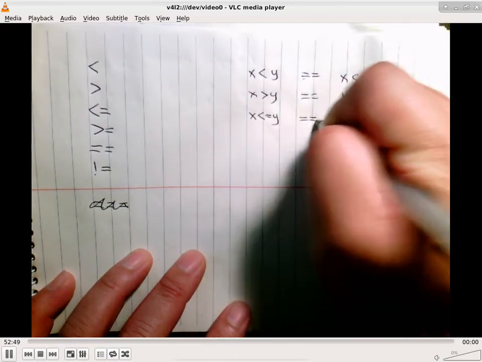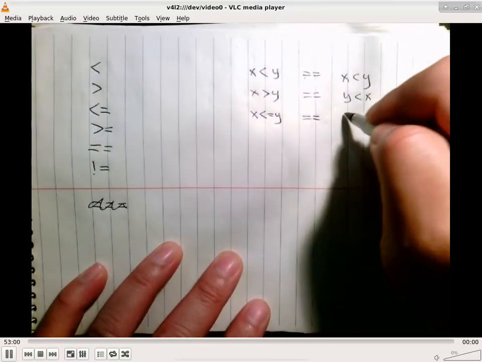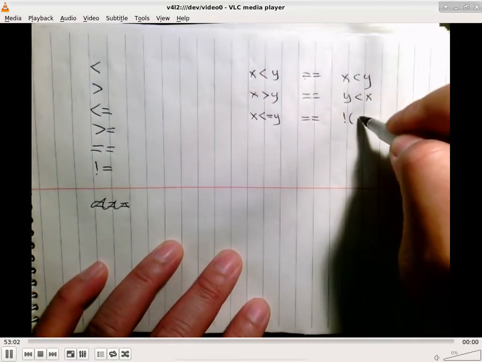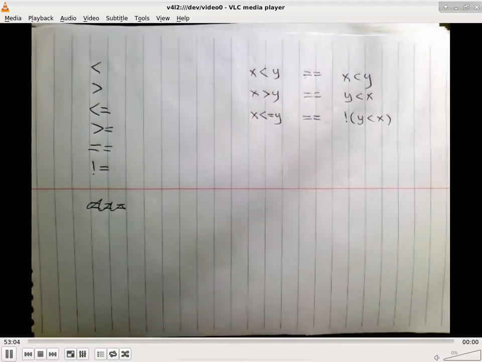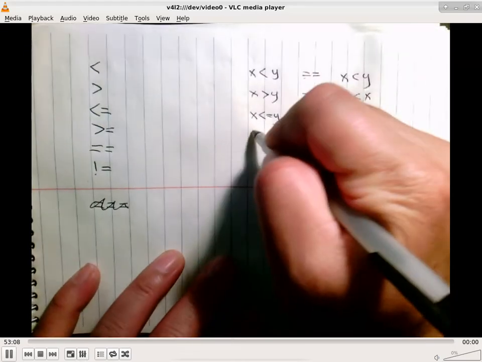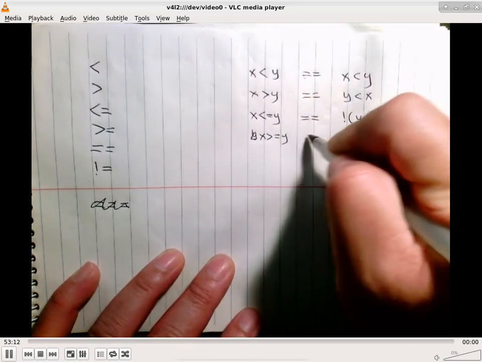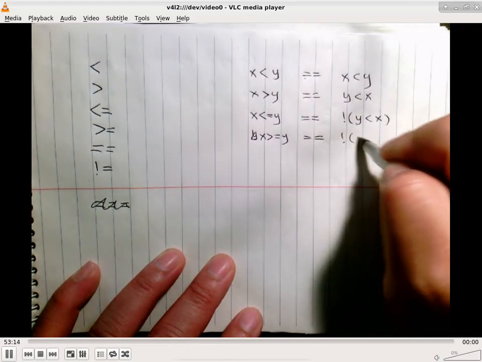If I let you use logical operators like and, or, not, that sort of thing, can you get it done? It is not the case that y is less than x. Right? And then the next one is just the flip side of this. Okay, x is greater than or equal to y is saying the same thing as it is not the case that x is less than y.